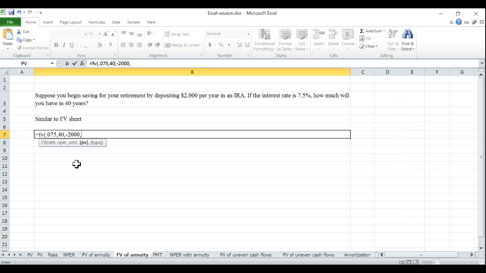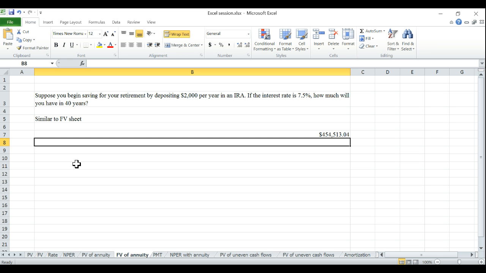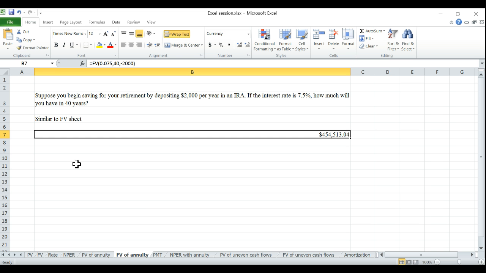And then present value, let's say if I already had deposited $5,000, that would go here, but we don't have anything already in the account. So either we can make it 0, or we can just leave it out and just say enter, and that will give you the future value of this annuity, which is about $500,000.